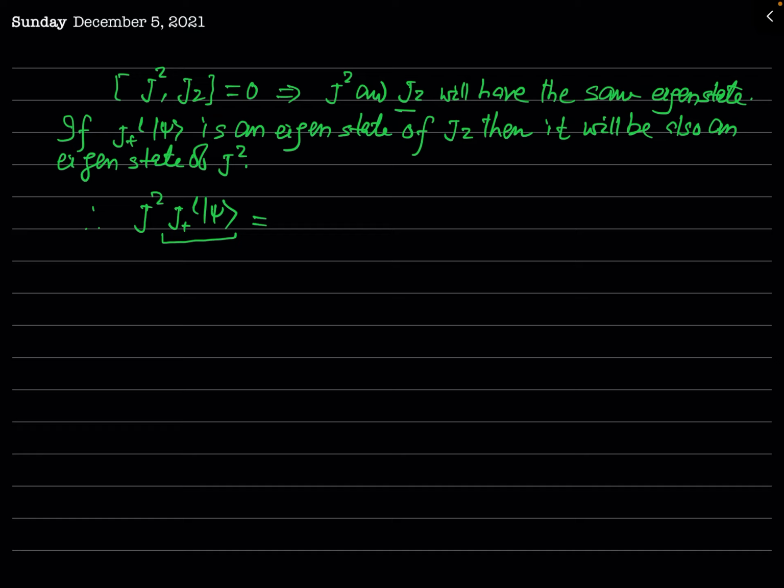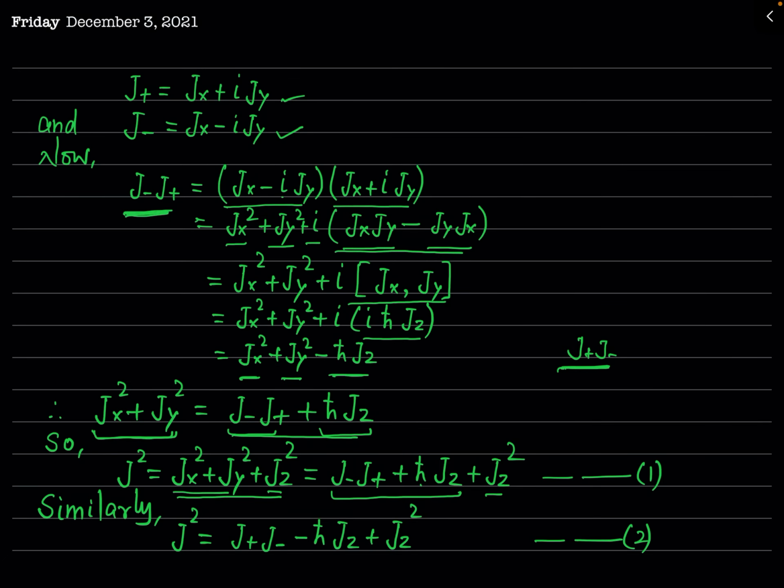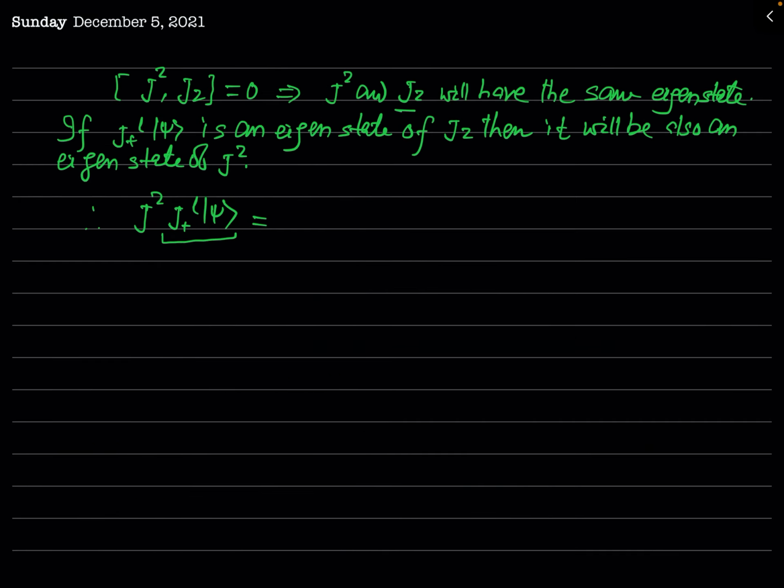You can see, you have obtained that this j square operator is equal to this much, which I have defined in this equation 1. So instead of the operator j square, now we can put this j minus j plus h bar jz plus jz square. So you can write like this.